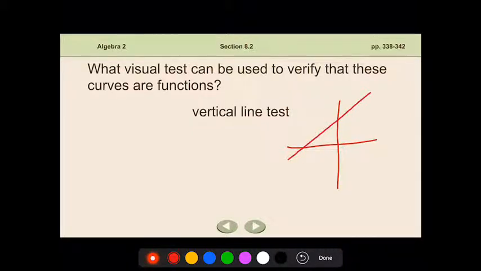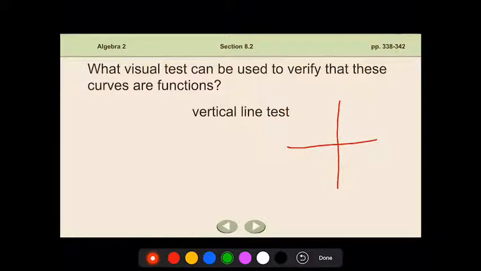There it is. And I could say, is this a function? Literally, all you have to do is draw a vertical line. If you draw a vertical line straight through that function or that curve or the line, and it intersects in one spot everywhere, then sure enough, it's going to be a function. It passes the vertical line test.